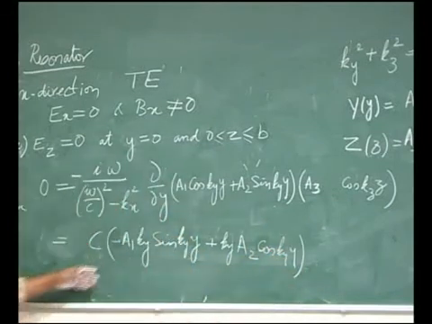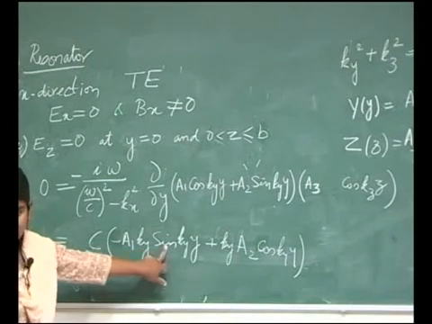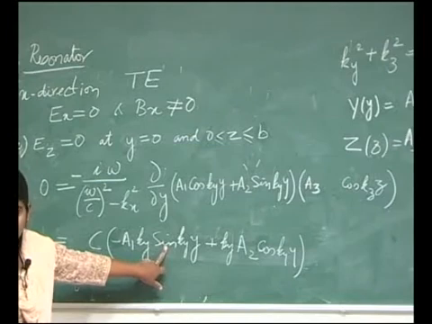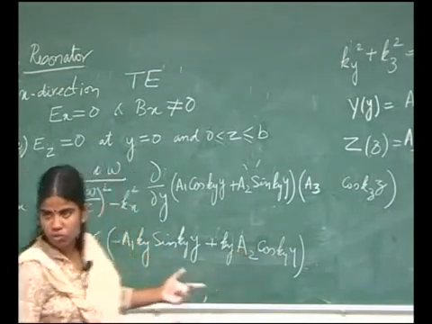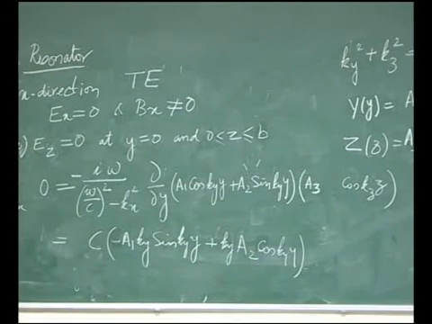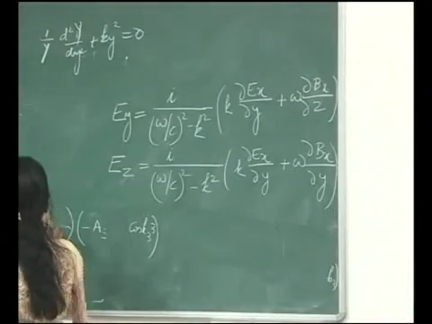Now from here I can straightforwardly see that sin ky is 0 for y equal to 0, but cos ky is not 0. So I am forced to choose that a2 is also equal to 0. Is it clear? a2 is also equal to 0. So we have calculated two constants.